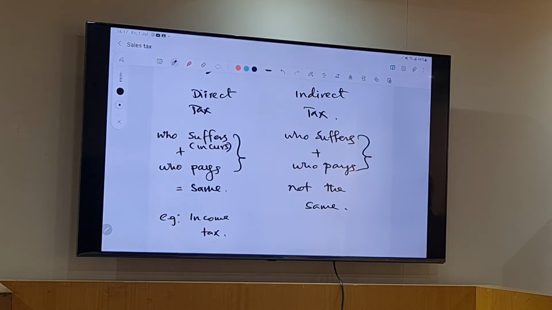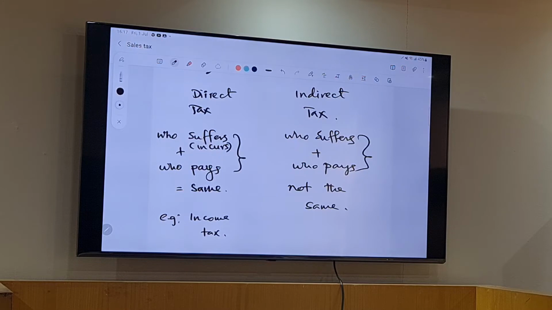Saudi, yeah. Saudi, when you go to the supermarket and you buy a bread, 10 riyal, you don't pay 10 riyal, you pay 11 riyal. Correct? Now, the selling price of the bread is 10 riyal, but you have to pay how much? 11. That means you are suffering an additional 1 riyal.